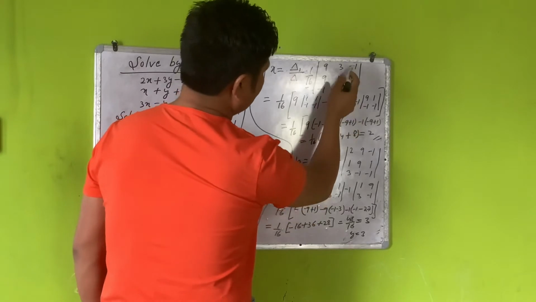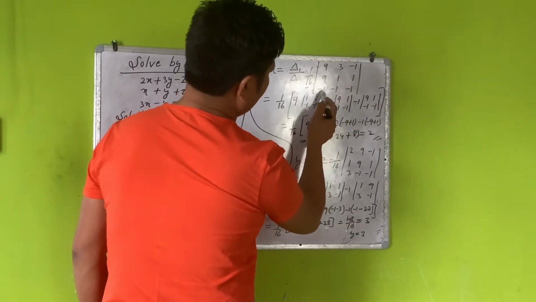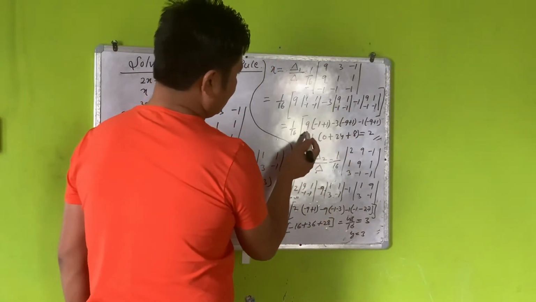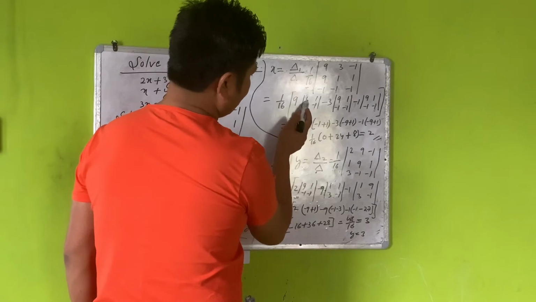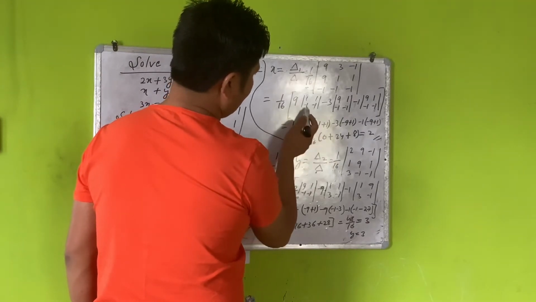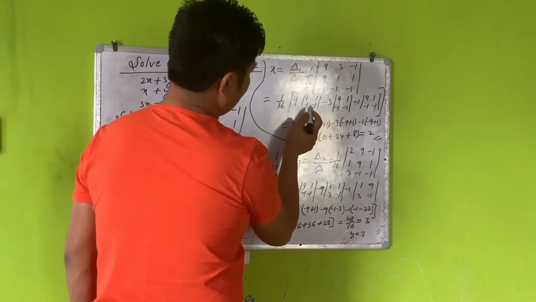Then -1 into this one, 9 1 -1. In this way, further 9, then 1 into 1 minus 1, minus is in our formula. So minus 1 into 1 minus 1, minus 1 minus 1 plus 1.